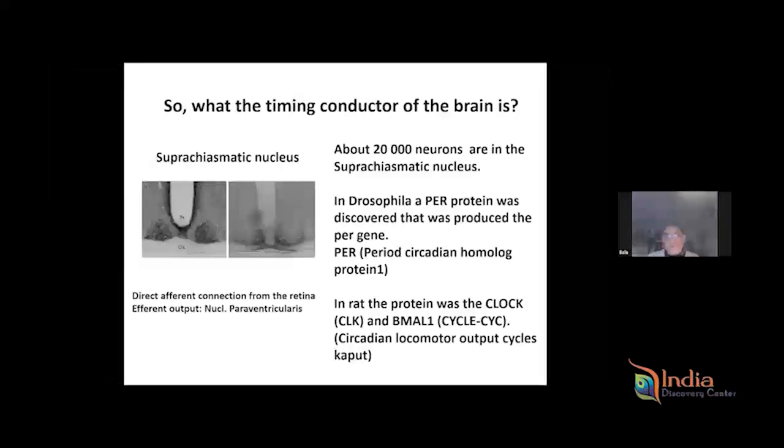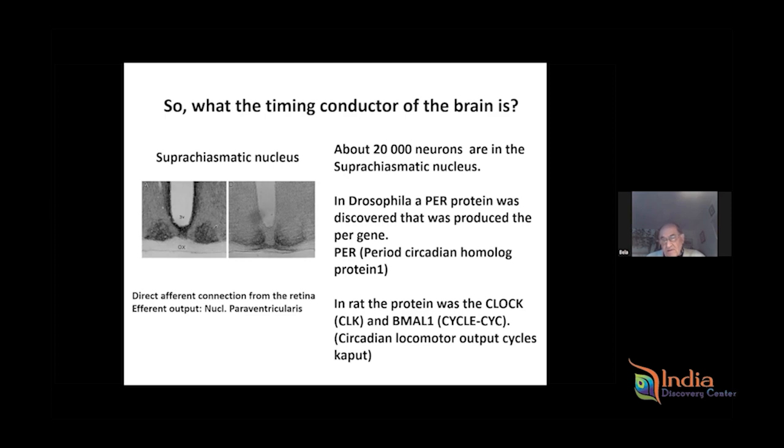So in the in situ brain, the nucleus, the group of neurons somehow synchronized everybody's electrical activity to about 24 hours, maybe plus minus one, but much less than the 28 hours in the singular neuron.